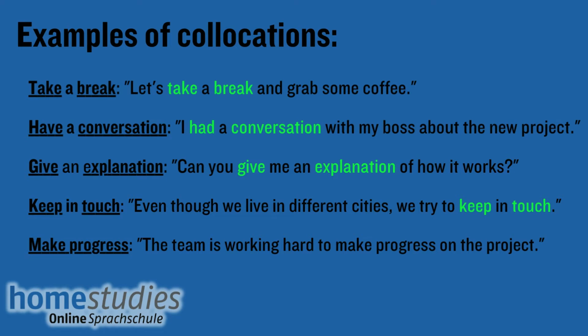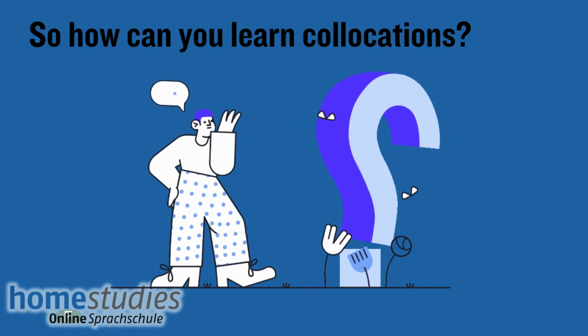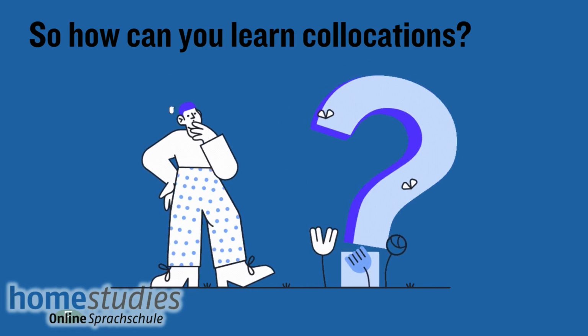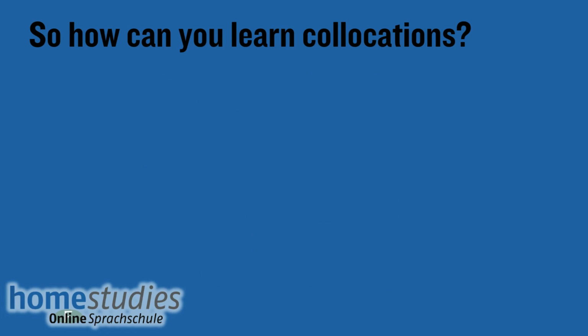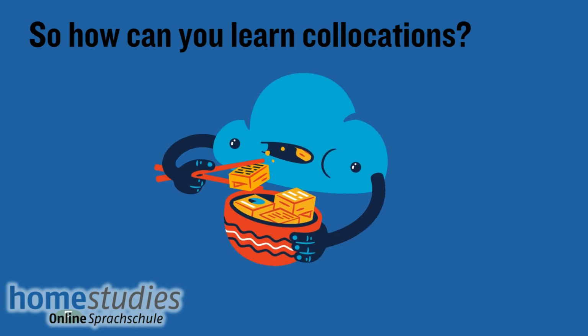These are by no means the only examples of collocations. There are a huge number, but these are maybe some examples just to keep in mind for your B1 exam. Now, how can you learn collocations? You might be thinking. I think one of the best ways really is just to consume as much English as possible.